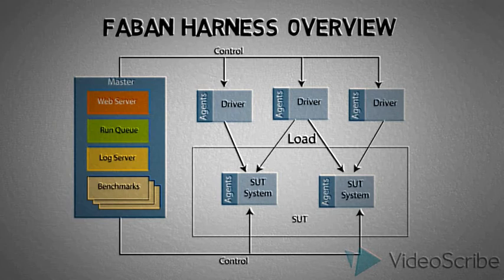The Faban harness master contains a log server which receives and stores log records from the master itself, agents, and possibly the SUT. This automatically interposes log records from each system in the rig for easy problem diagnostics. The log reader web interface also keeps updating the log records every 10 seconds, allowing the run to be easily monitored.